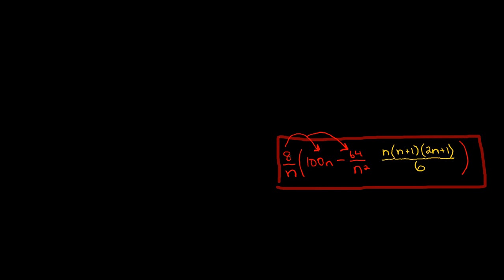So let's see. Okay, well, 8 over n times 100 times n, well, the n's will just cancel, and you just have 800. So, all right. So we're just going to have 800, and then we'll have minus, okay, 8 times 64. There's a good question.